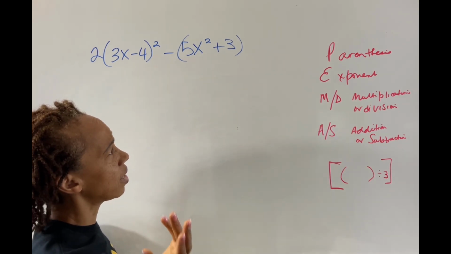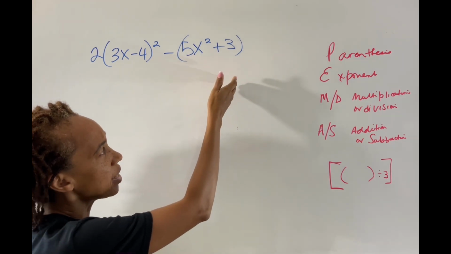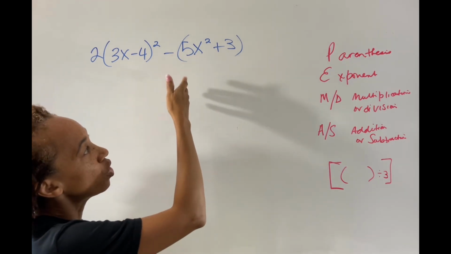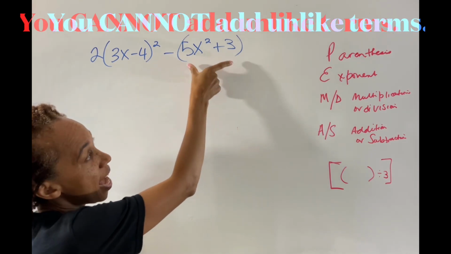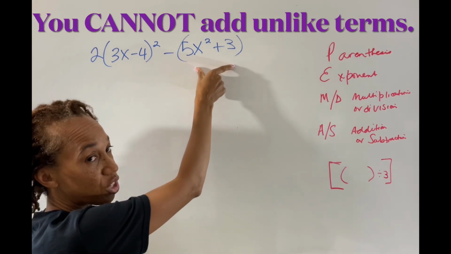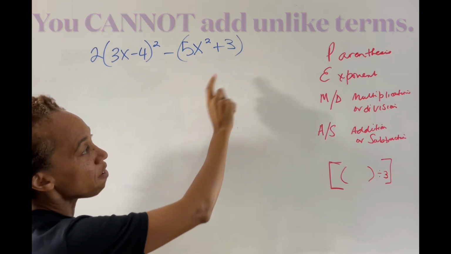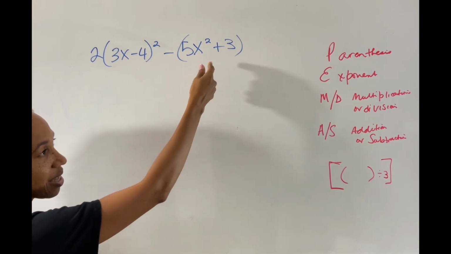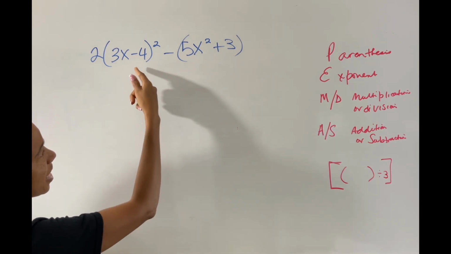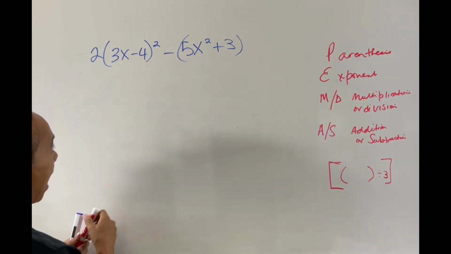A monomial constant cannot be added to an expression that has a variable. So you cannot do anything to this expression. Even though parentheses are your first rule, you cannot apply it in this case. So in this scenario, we are going to look at the one that has the exponent here.